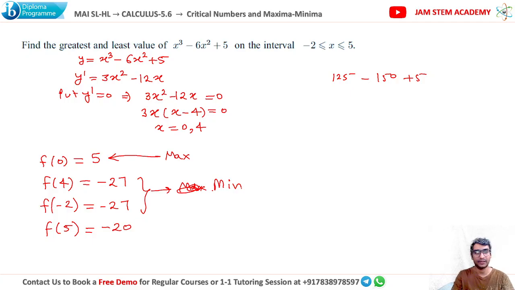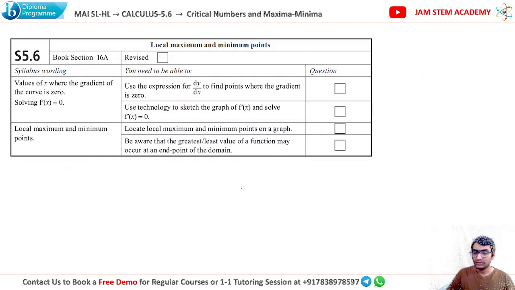That's the answer. Okay, so now quick recap of what we did so far. Use the expression for finding dy upon dx equals to 0. Yes, we did this to get the critical numbers. Use the technology to sketch the graph of f prime and solve f prime x equals to 0. Yes, that was the homework question as well.